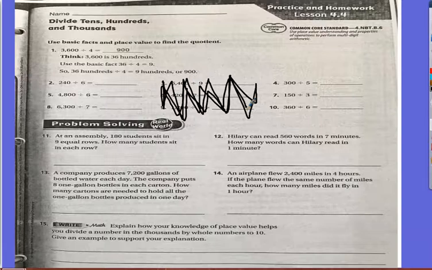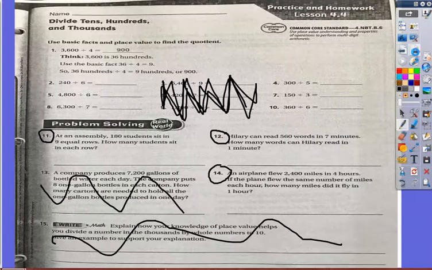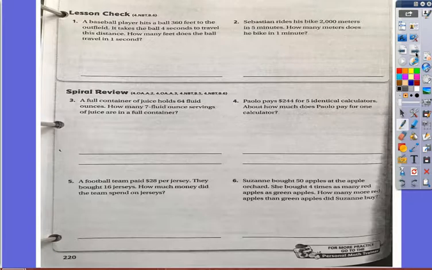Then on the bottom, I'll have you do 11 and 12. I think if we do number 12, we'll do one more. Do number 14. We won't do this one, and we won't do 15. So there's 6, 7, 8, 9, and on the back we'll cross one side off.